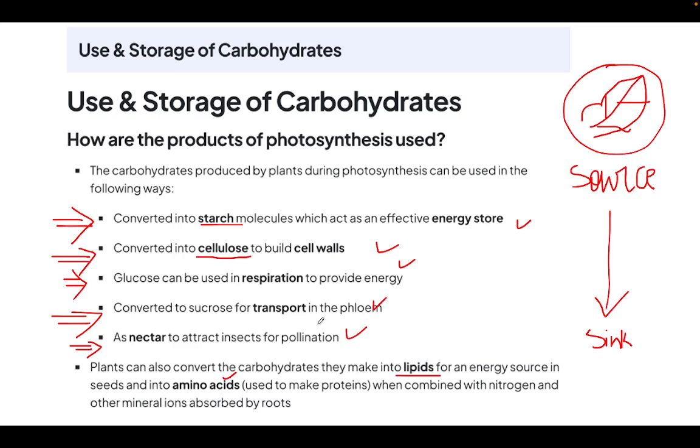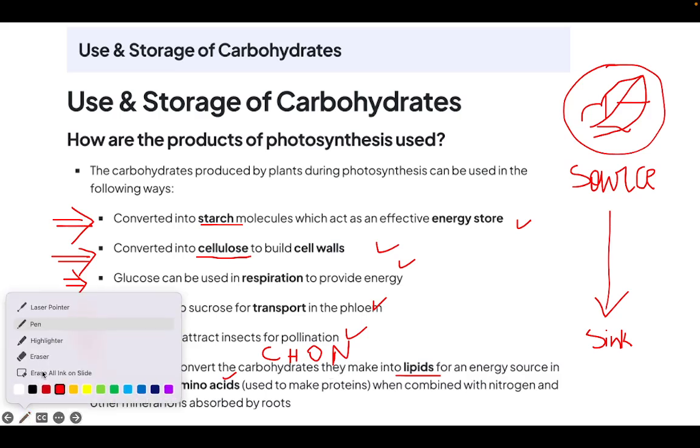So we understand that the elements that make carbohydrate are C, H, and O. Remember, there is no nitrogen because nitrogen is only found in proteins, in amino acids. So for us to convert carbohydrates into amino acids, we need to combine it with nitrogen, so it can be added there as well. If you followed our previous video, I think this is very easy to understand.